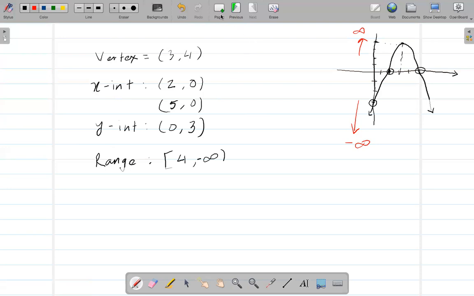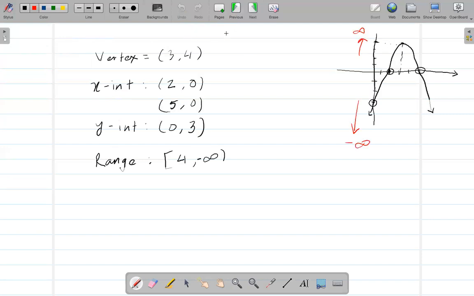Okay, let's do this one. In the previous example, the graph was given and we needed to find all of these by reading the graph.